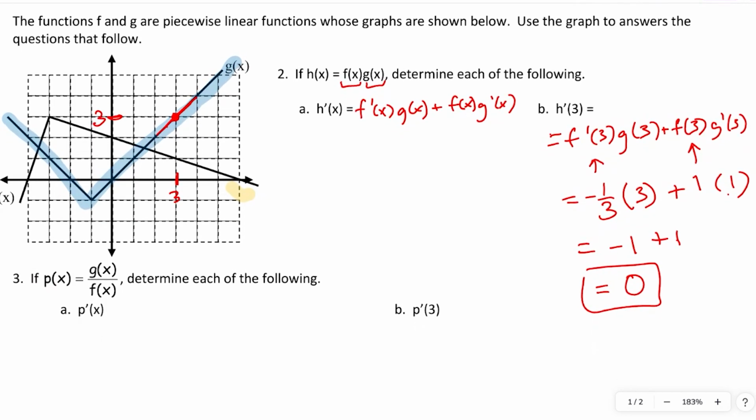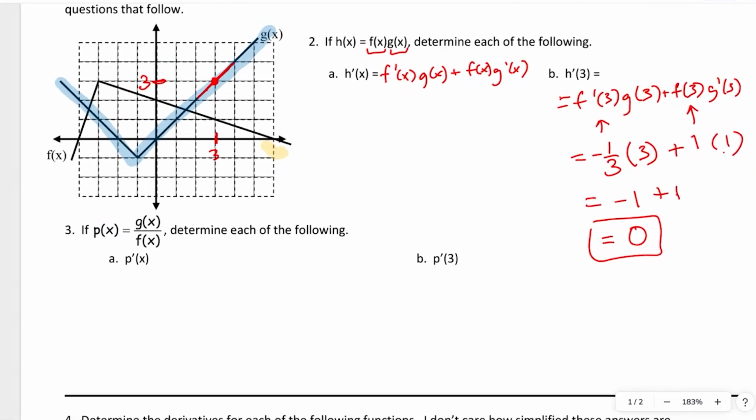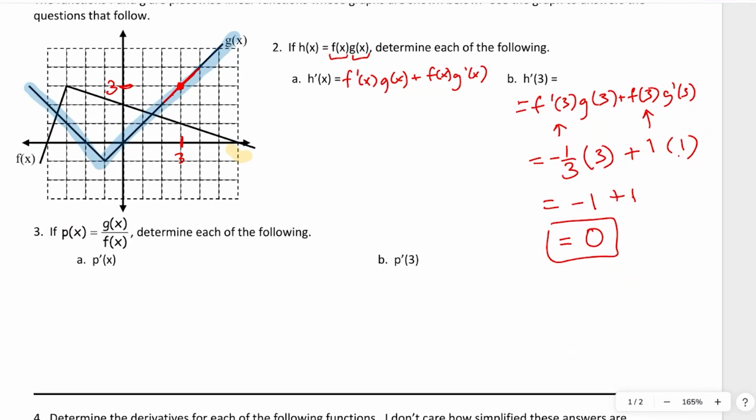Number 3 says if p is g divided by f, determine each of the following. So we're going to use the quotient rule here, kind of like we did in number 1. So it's the derivative of the top times the bottom minus the top times the derivative of the bottom over the bottom squared.